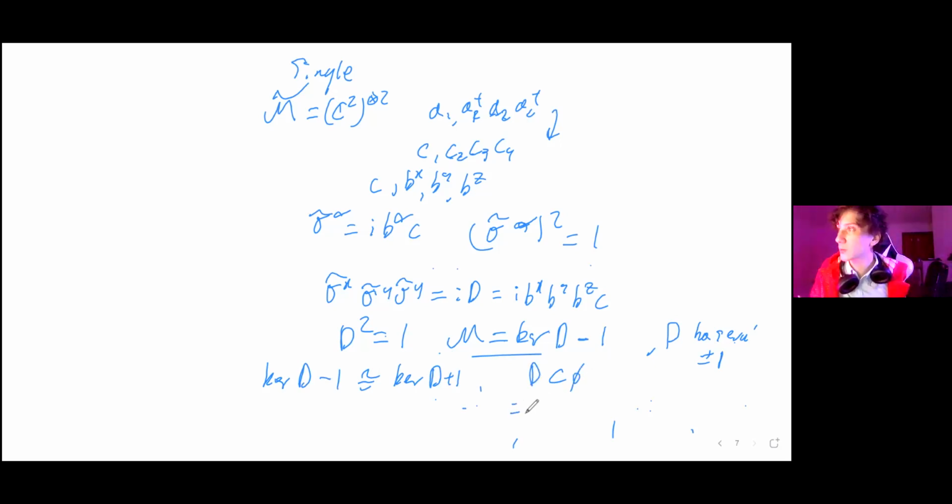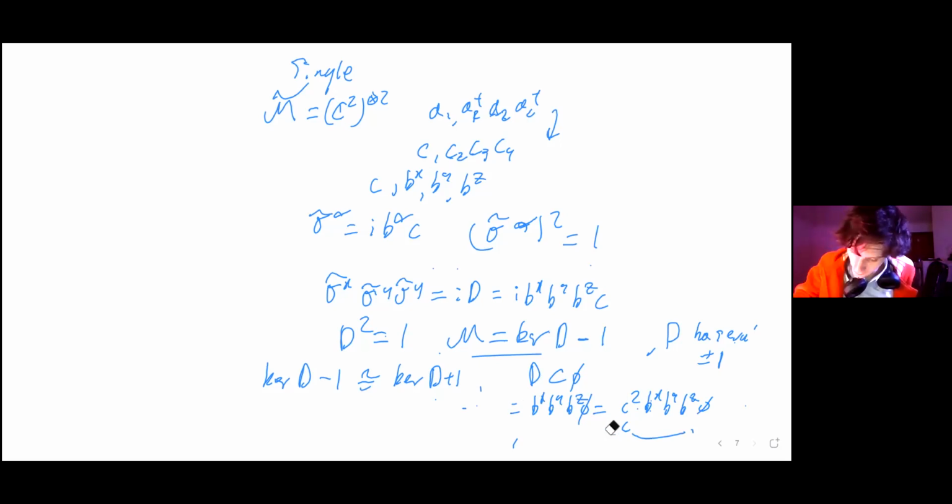This is in my notes, but yeah, you can do a little bit of this. Put the C over there, get a minus sign, and you get minus C D phi.